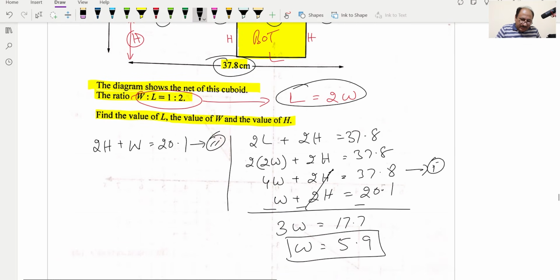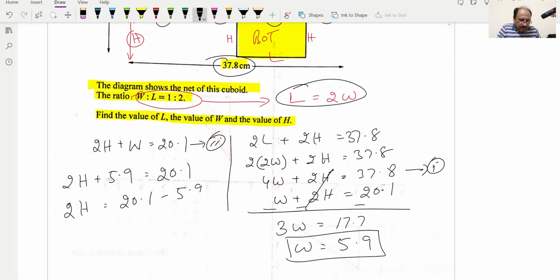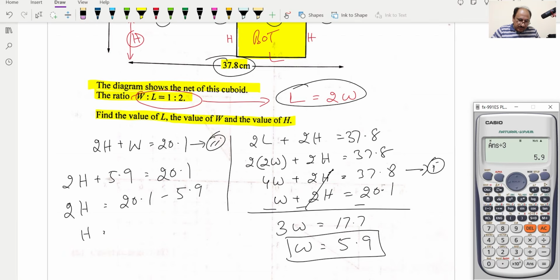Now we can replace this W in equation 1, and we will get 2H plus 5.9 is equal to 20.1. So 2H is equal to 20.1 minus 5.9, and H will be equal to, we can subtract this, 20.1 minus answer, divided by 2 is equal to 7.1.